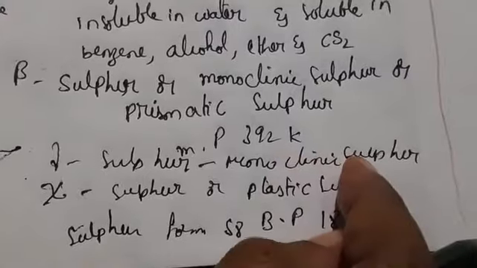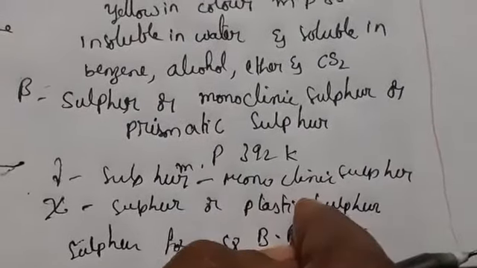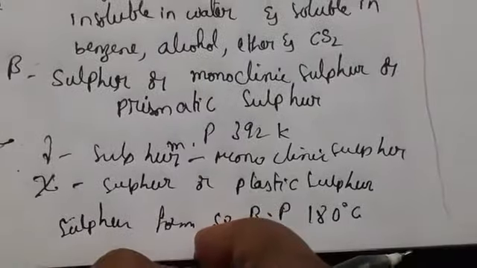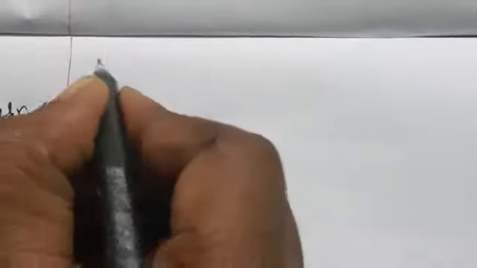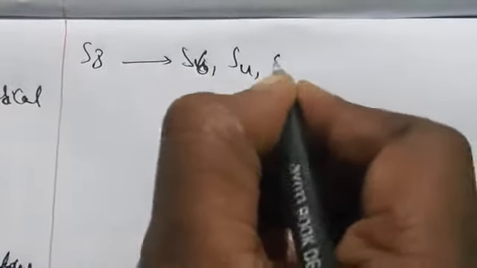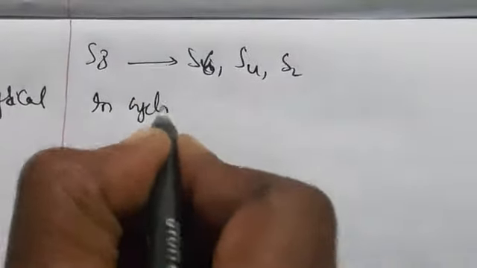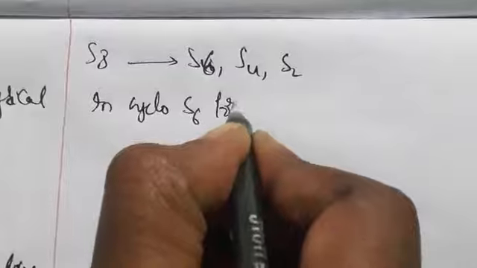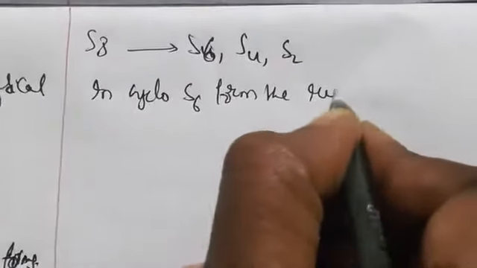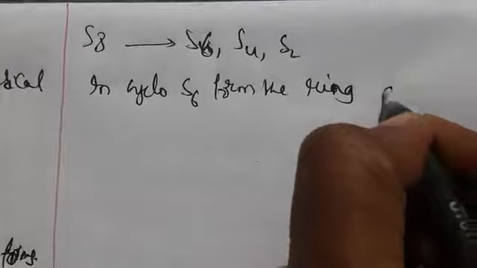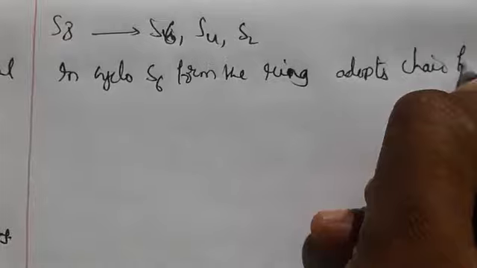When you increase the temperature, S8 dissociates into S6, S4 and S2 units. In the cyclo S6 form, the ring adopts a chair form.